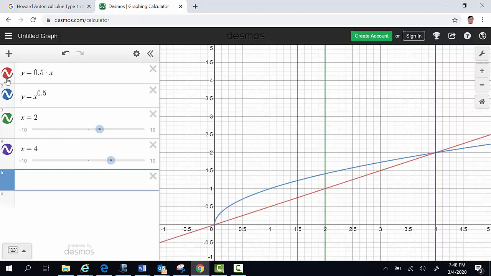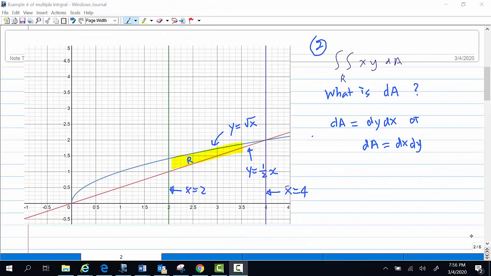Okay, so we have got the region R, which is bounded by these 4 curves, 2 vertical lines, and a curve and a straight line. I have highlighted region R in yellow color as shown.